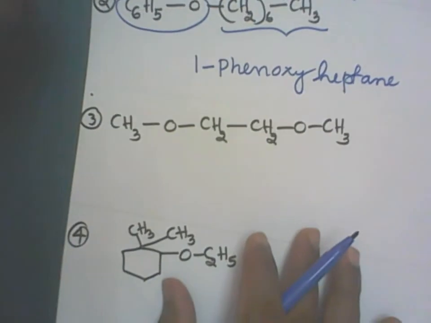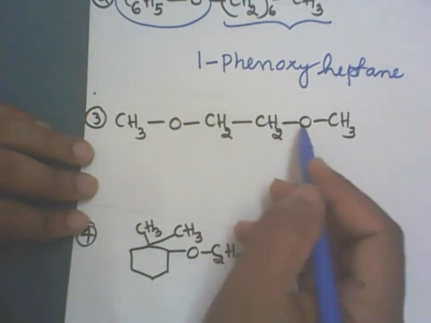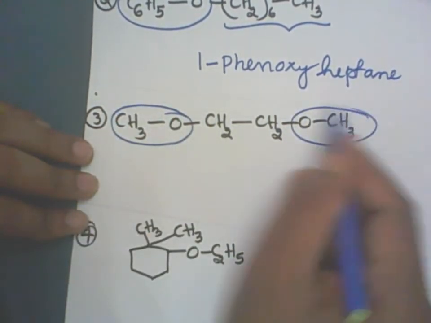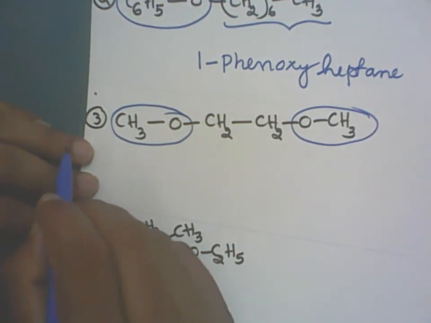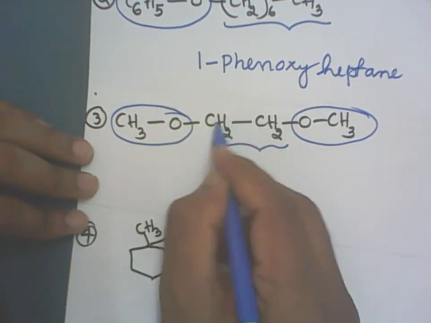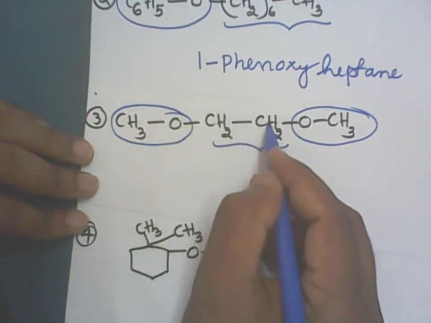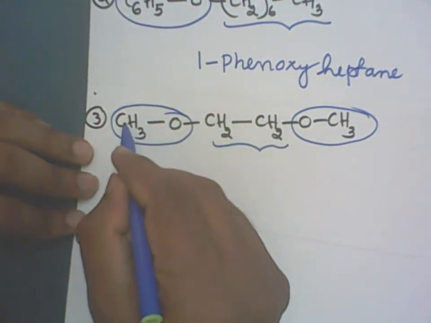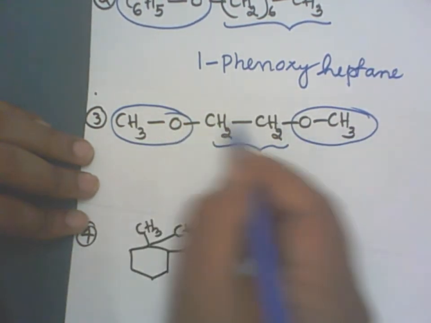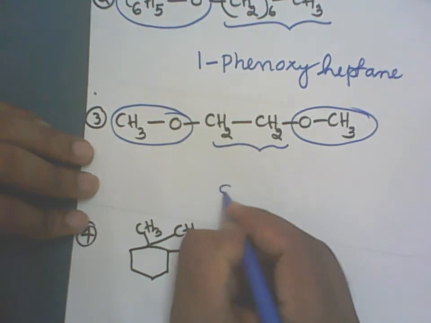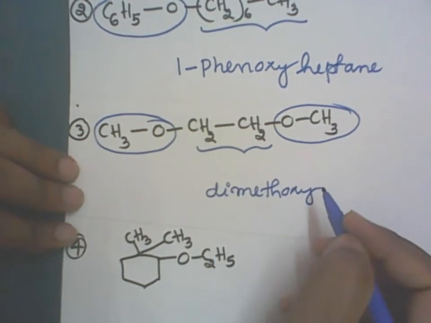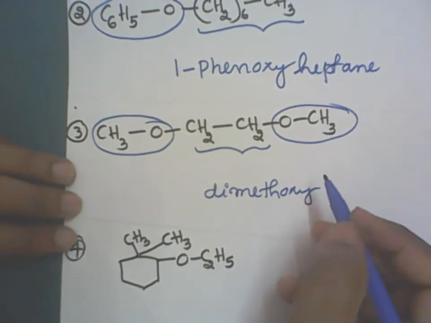Next one. Here there are 2 oxygen atoms, so there is a methoxy. And this is a 2 carbon lengthy chain, carbon-carbon single bond. After that, oxygen, CH3 and CH3 separately. So this should be called dimethoxy. It is a methoxy, but 2 times, so dimethoxy.